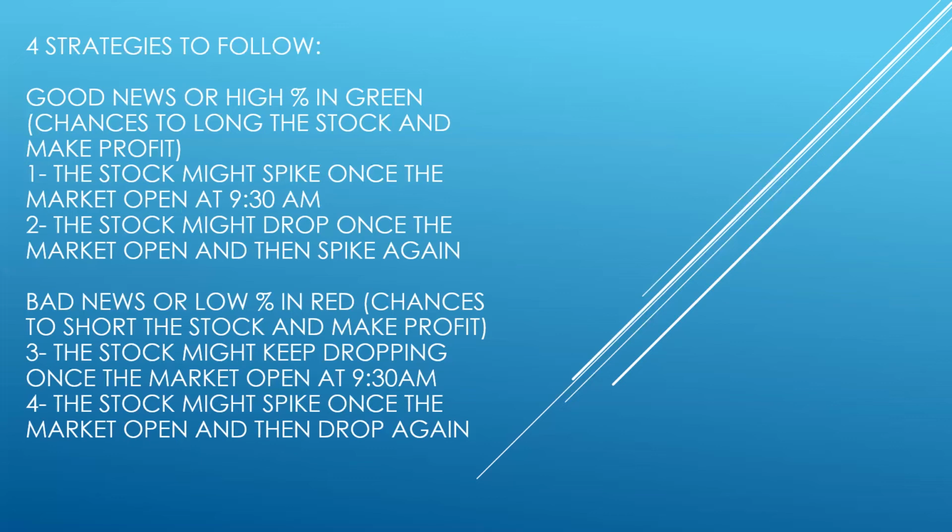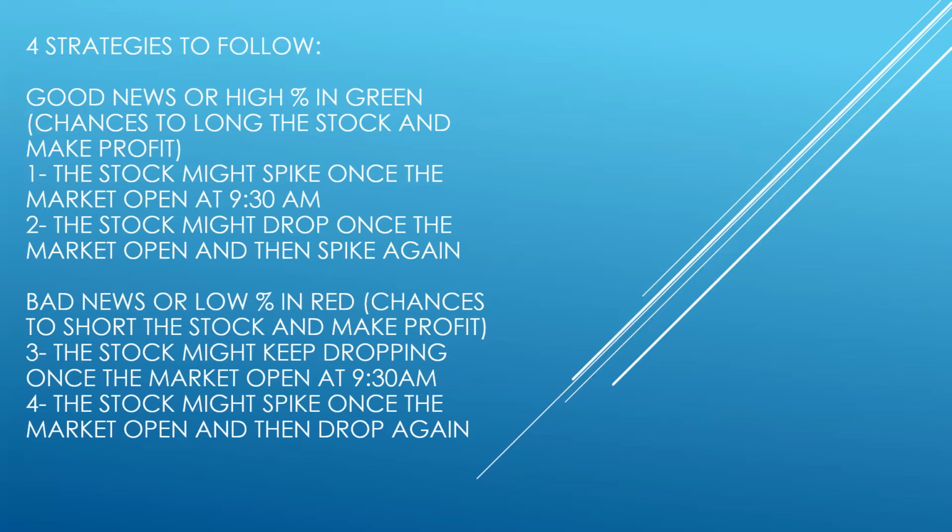So the stock might keep dropping once the market opens at 9:30 a.m. So at 9:30 a.m., you will see the stock dropping, going down. You won't do anything. You will wait for 1, 2, 3 minutes to make sure that this drop is real and not fake. If it keeps dropping, then yes, you can jump in, sell 100 shares of the stock you're watching, and then buy when it goes even lower.